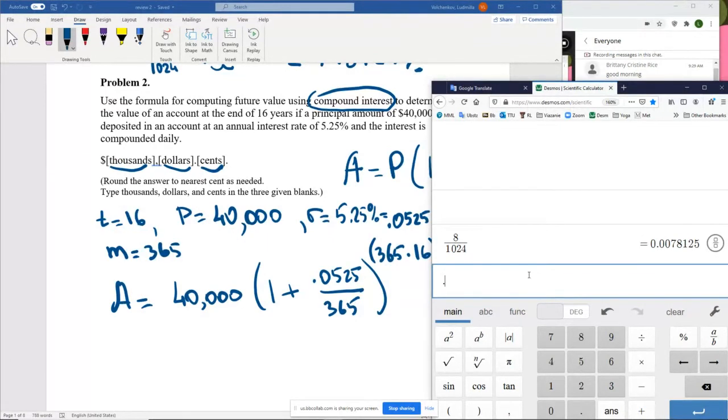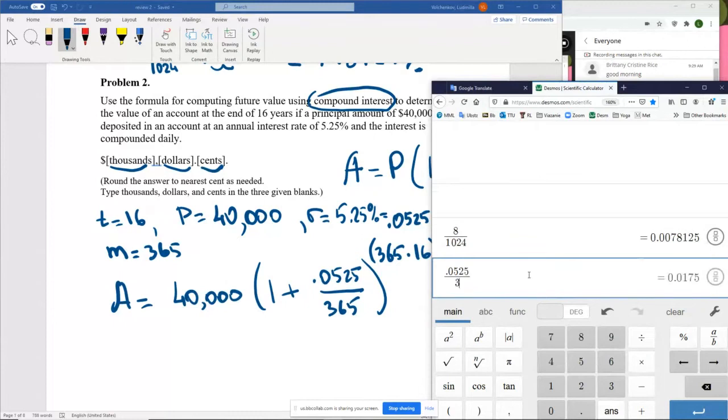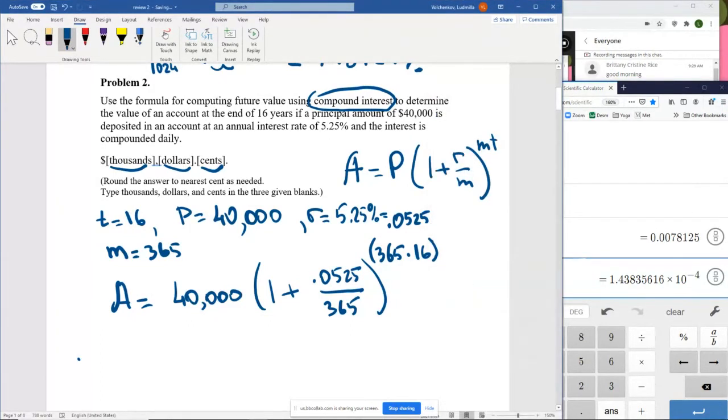So first we find 0.0525 divided by 365. Once I got a question: if your calculator shows something like this, what does it mean? So if I use the decimal system, I don't care about this because it is an intermediate result and I don't need it.